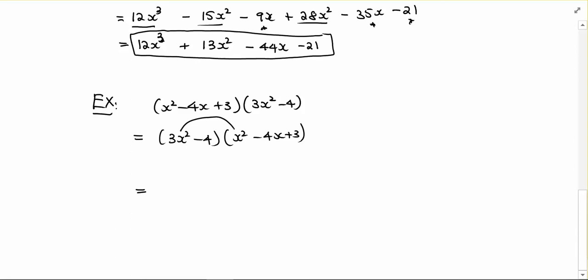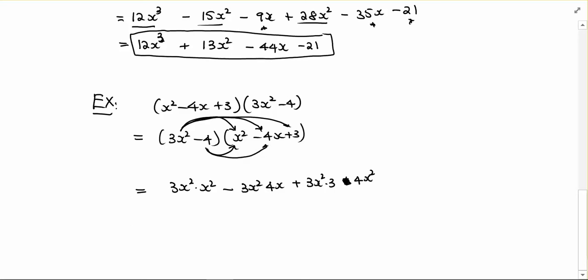This times this, 3x squared times x squared. This times this, minus 3x squared times 4x. This times that, positive 3x squared times 3, plus minus that times that, 4x squared. Okay, so on this one, negative times a negative is a positive 4x. This times that, negative 4 times 3.